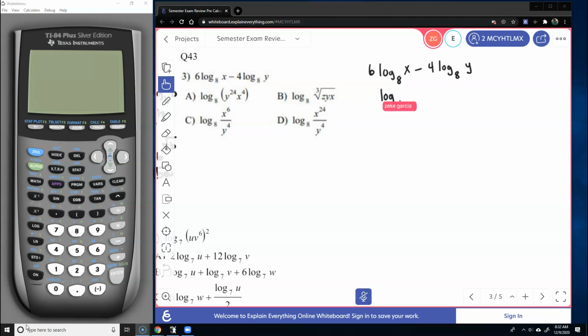So we have log base 8 of x to the 6 minus log base 8 of y to the 4th. Remember that if they have the same base, in this case they do, and they're subtracting, we're going to use the quotient property. So we have log base 8 of x to the 6 divided by y to the 4th, and that's a single logarithm, so the only one that satisfies that is C.